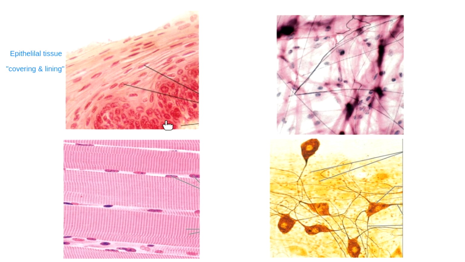And epithelial tissue is pretty much 100% cells, so it's made entirely of cells. Those cells can either be stacked on top of each other like we see in this picture, or it can be that we just have 1 or 2 layers of those cells. So epithelial tissue, known as the covering and lining tissue, all it has in it is lots and lots of cells.